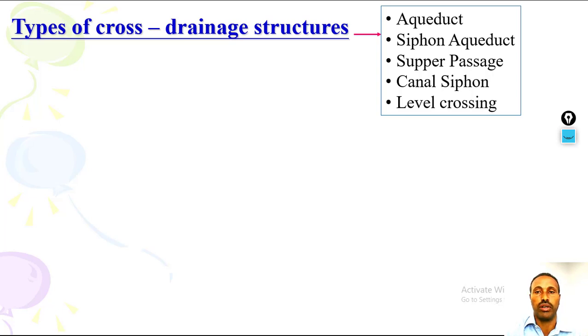If the canal is above the drainage or the flood discharge, you have to construct aqueduct or siphon aqueduct. Or else sometimes, if the canal is below the drainage or below the flood discharge, you may construct super passage or sometimes inverted canal siphon. And sometimes if you have canal and drainage at the same level, you may construct level crossing or inlets.